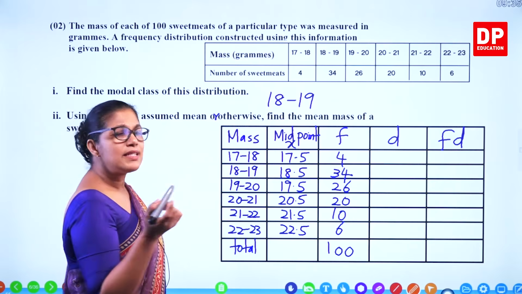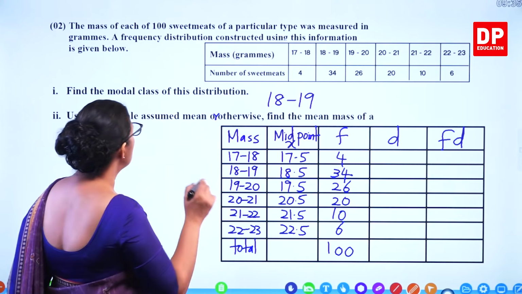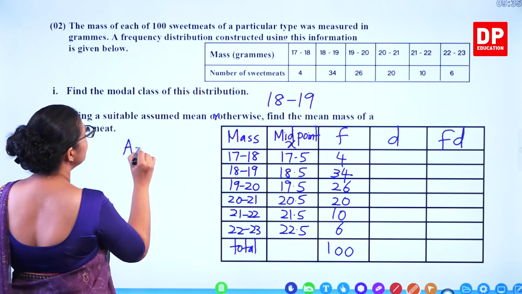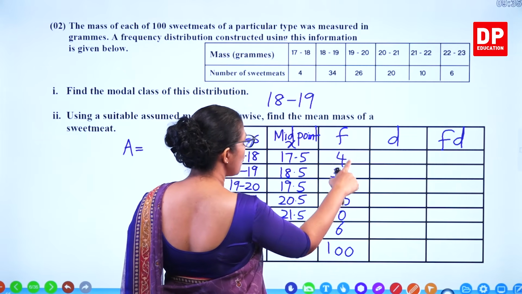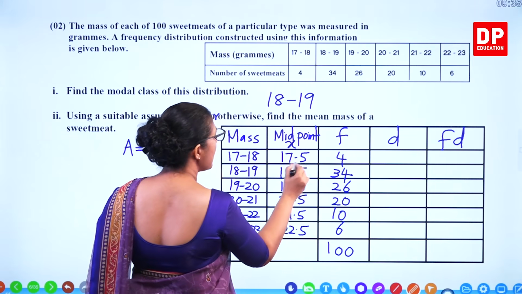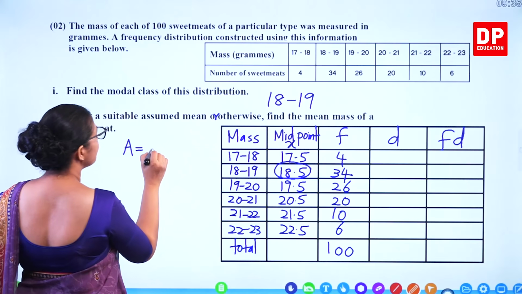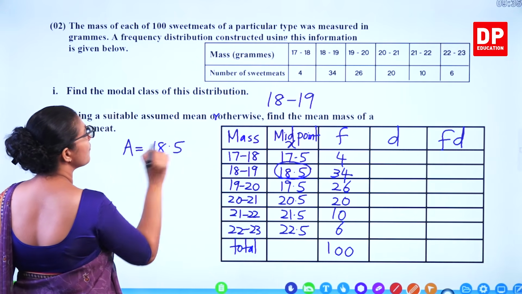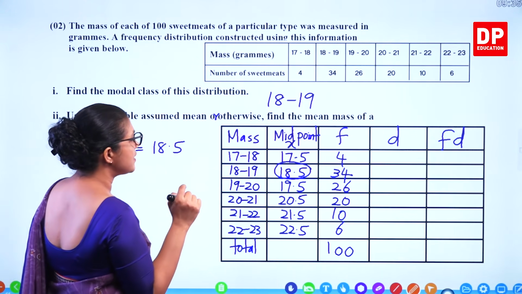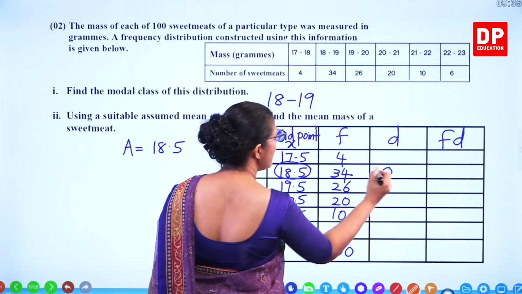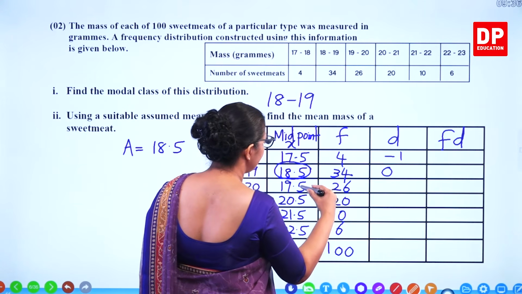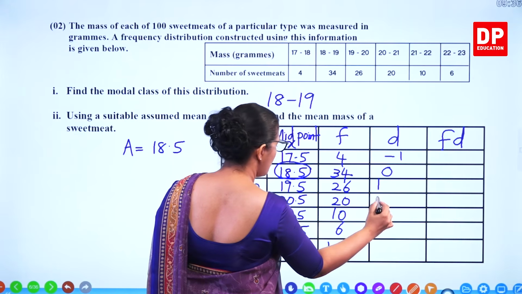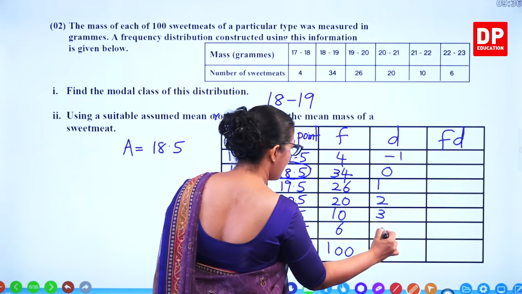So normally we take the assumed mean as the mid value of the modal class. So we'll take 18.5. Then what's the deviation? Here this becomes 0. Here deviation is -1. Here 1, 2, 3, 4.